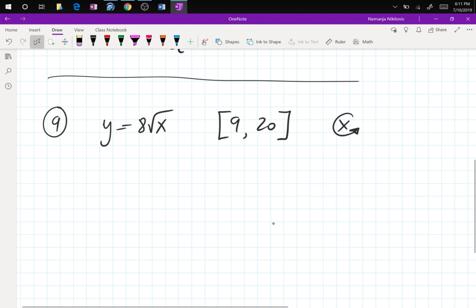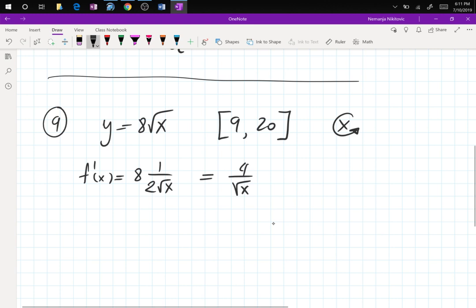We need the derivative for the formula. So f prime of x is equal to 8 times 1 over 2 root x, so it becomes 4 over root x. It would be in your best interest to memorize that the derivative of root x is 1 over 2 root x.